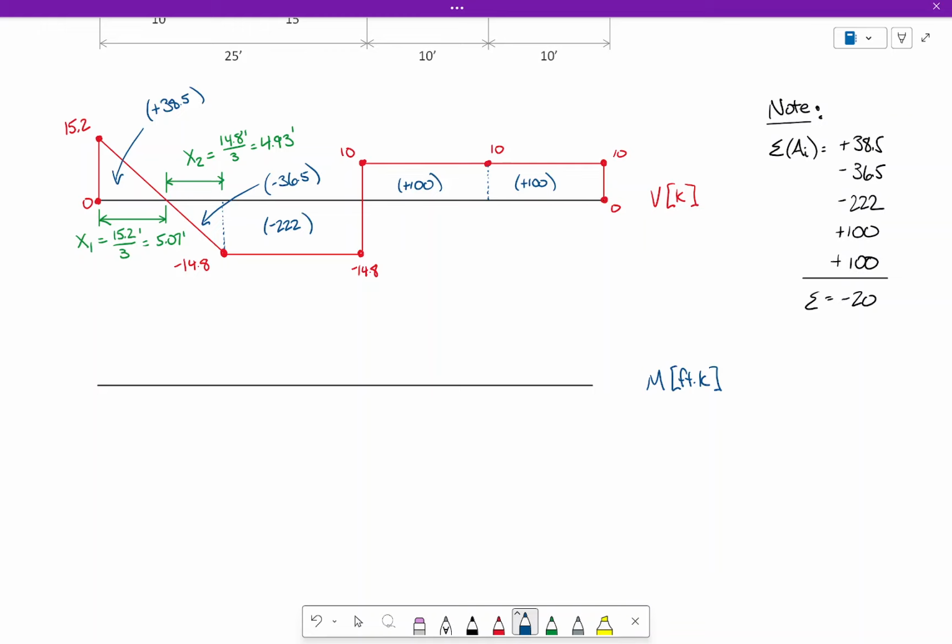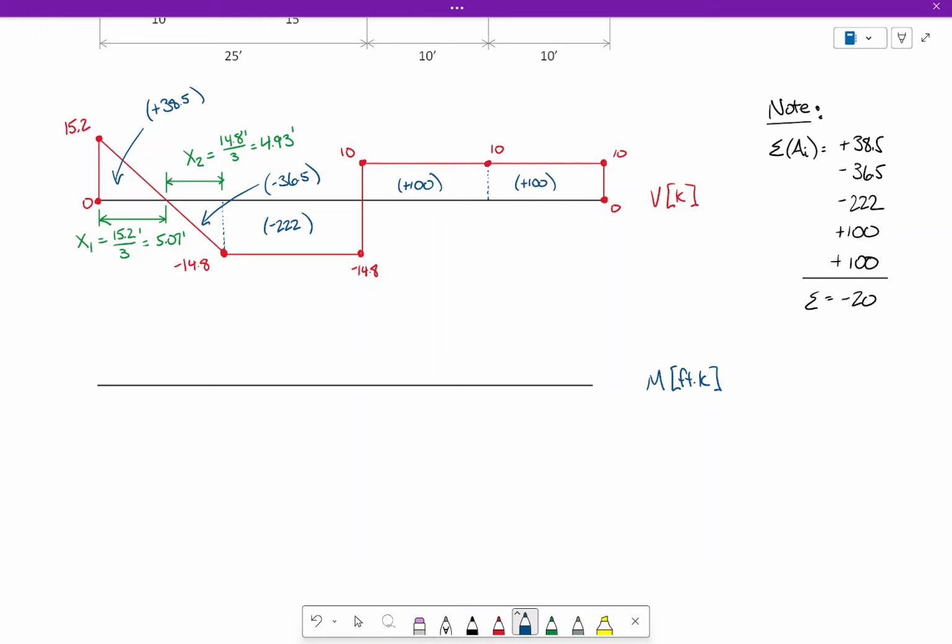All right, so what does the moment diagram look like from here to here? Between these points right there, what's the shape? It's a parabola that goes up and crests and then comes back down.